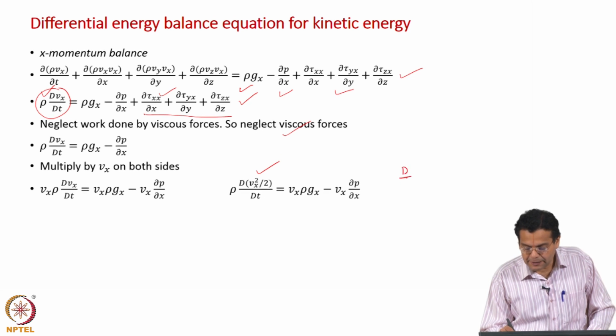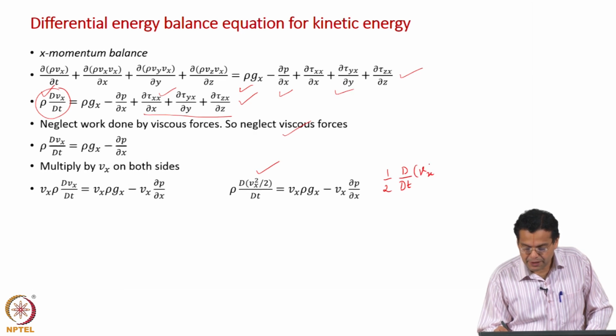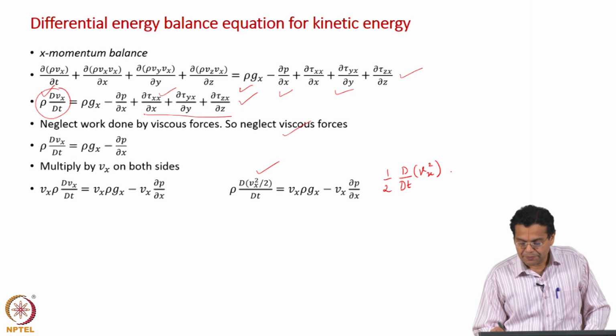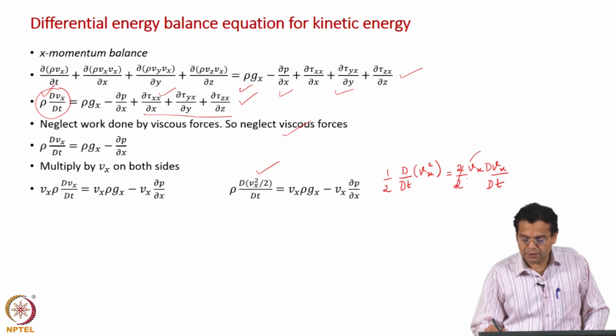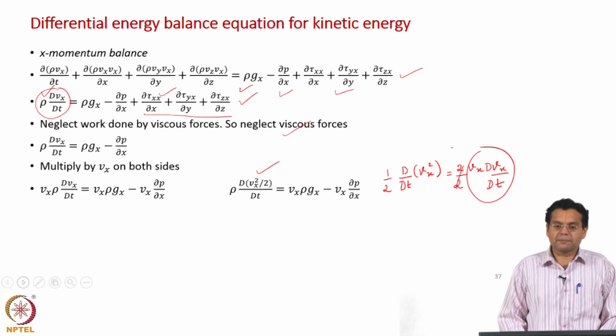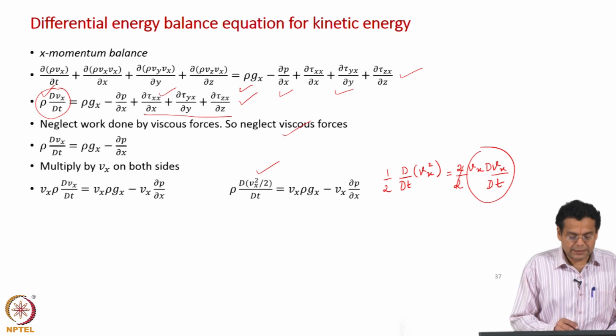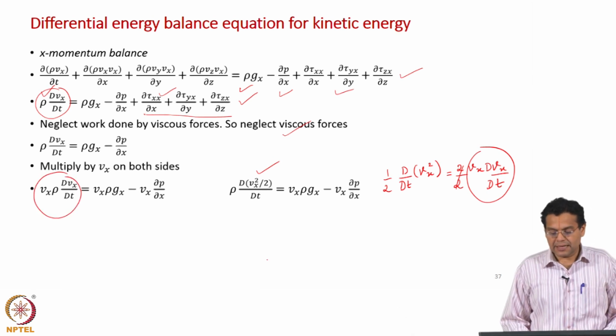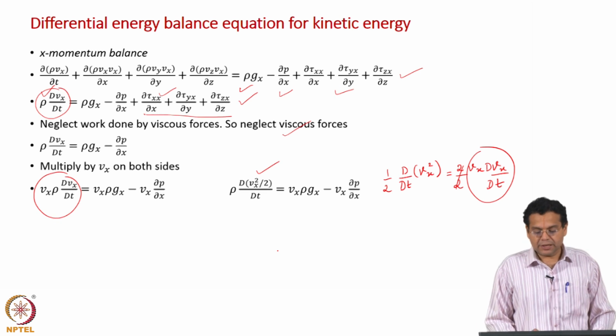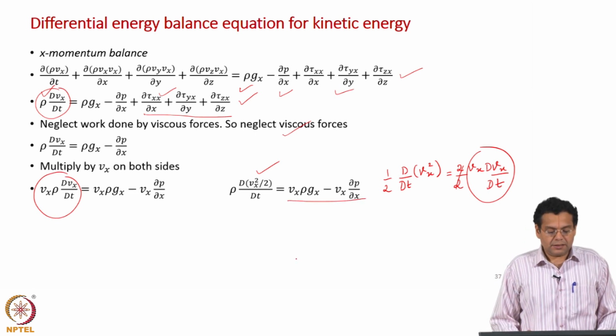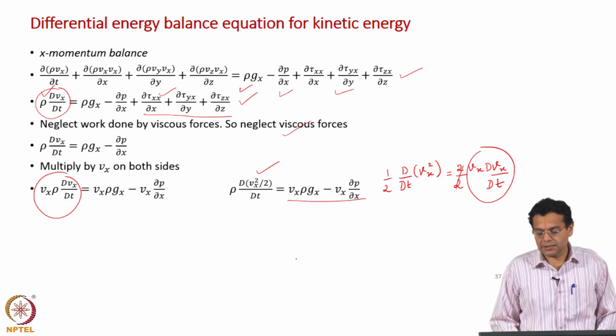If you take d by dt of half Vx squared and differentiate, you have 2 and 2 cancelling, and then we have Vx dVx by dt, which is the term on the left hand side, of course multiplied by rho. So, when we multiply the equation by Vx on both sides, the left hand side can be expressed as rho into d by dt of Vx squared by 2, and the right hand side has the terms Vx rho gx minus Vx dou p by dou x.